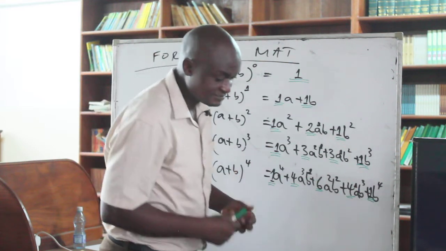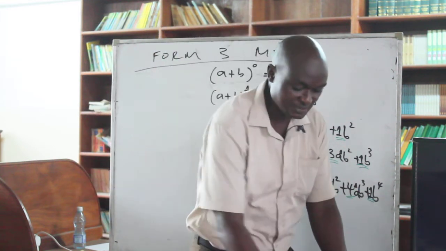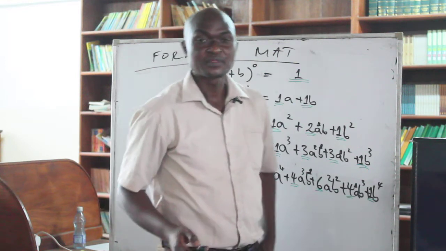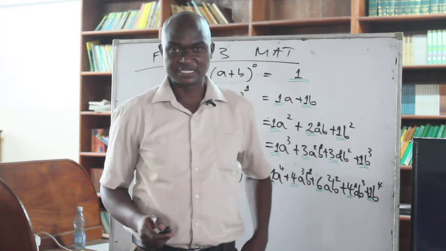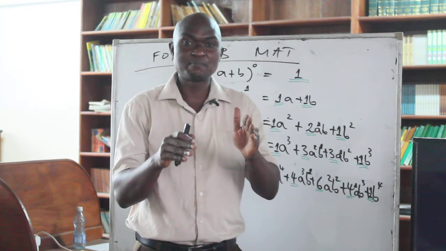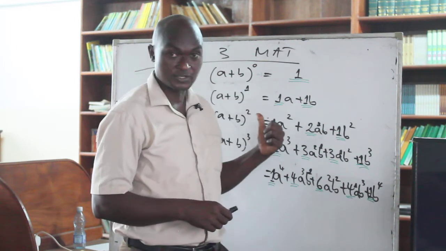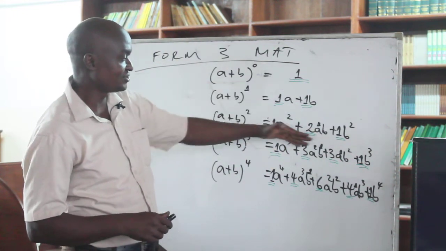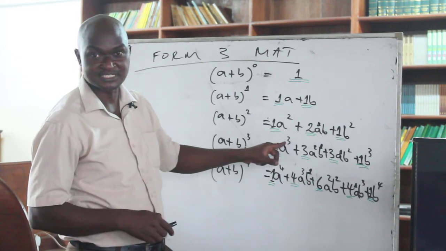How is Pascal's triangle supposed to be made? In our second part of this lesson, we are going to show how to make Pascal's triangle here on the board, which is very similar to what we have here. These numbers will be familiar to you when you make the Pascal's triangle.